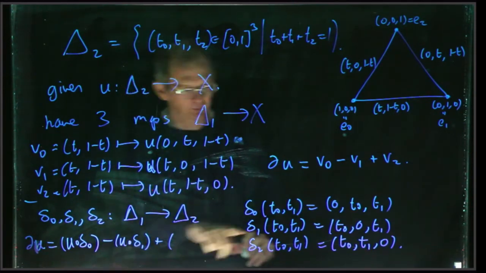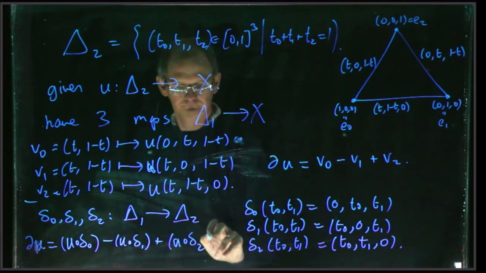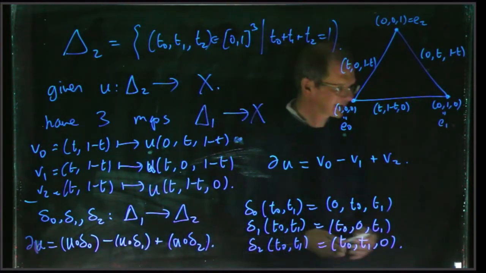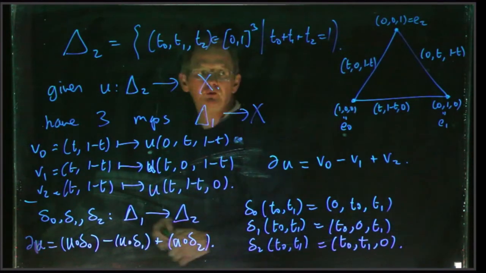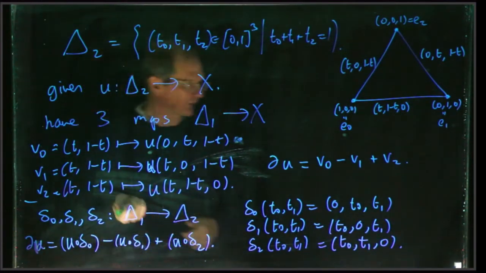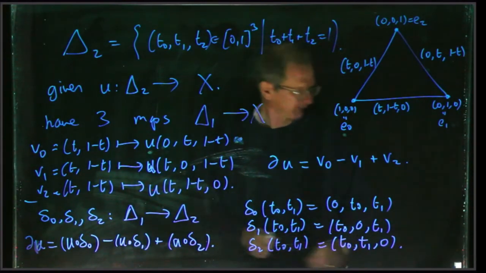And then the third one is u composed with delta 2. So that's how we get the algebraic boundary of a two-simplex. And this version works even if the two-simplex is nonlinear.